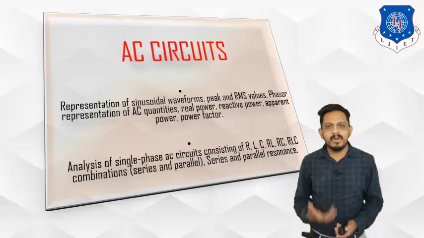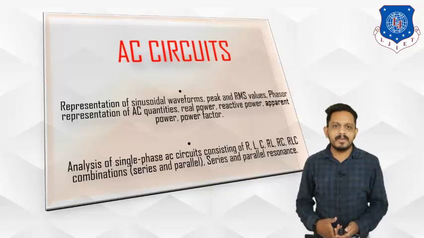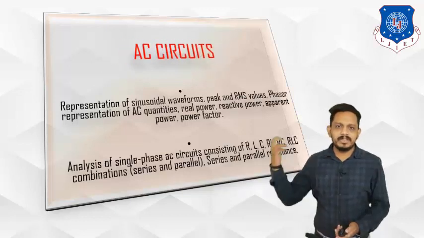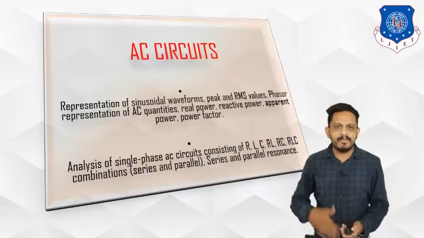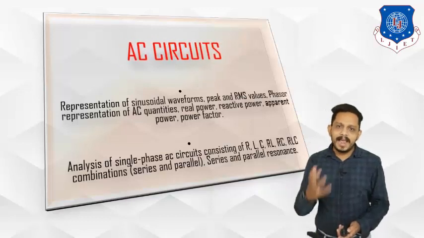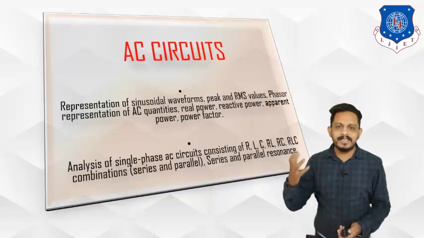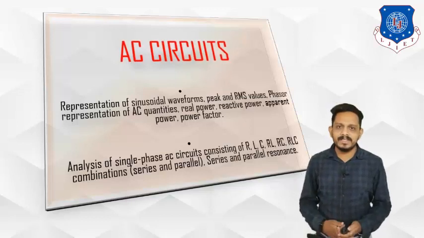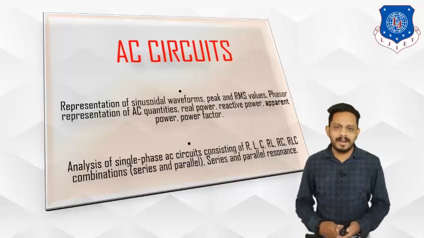Then we will study different types of power, that is real power, reactive power, apparent power and power factor. So these were the very basic terms of single phase AC circuits. Later, after understanding these fundamental terms, we will analyze simple AC circuits, that is AC circuits containing a pure resistor, pure inductor, pure capacitor, RL, RC, series RLC circuit and some parallel circuits.